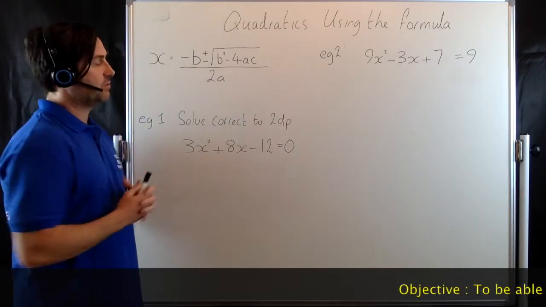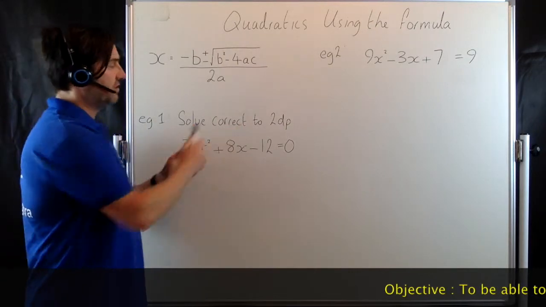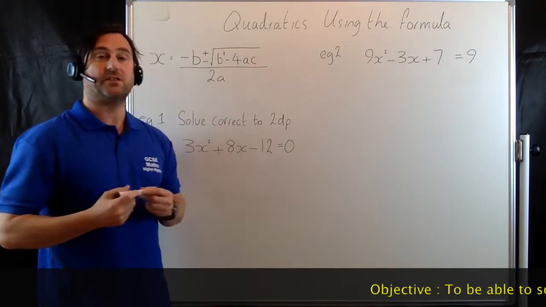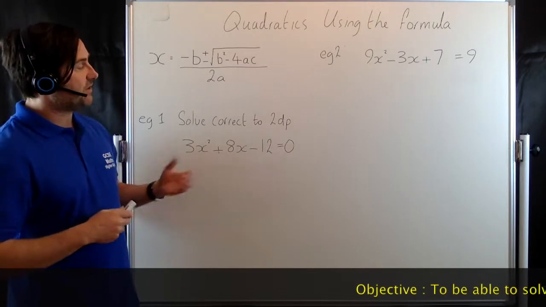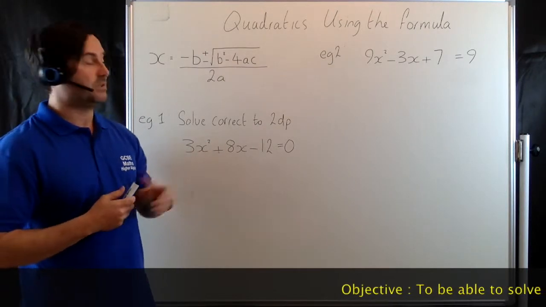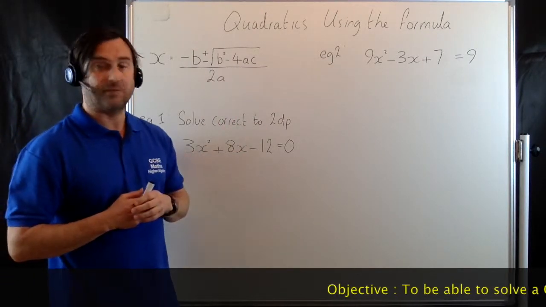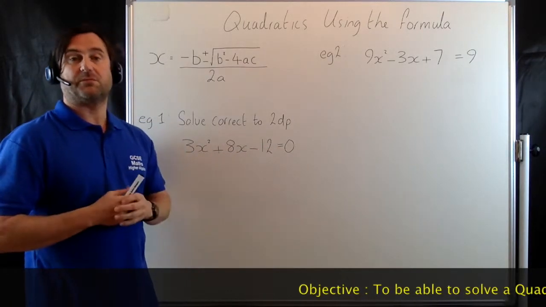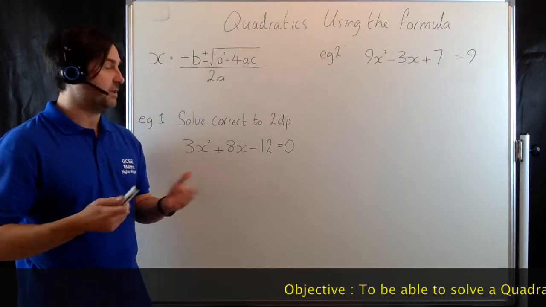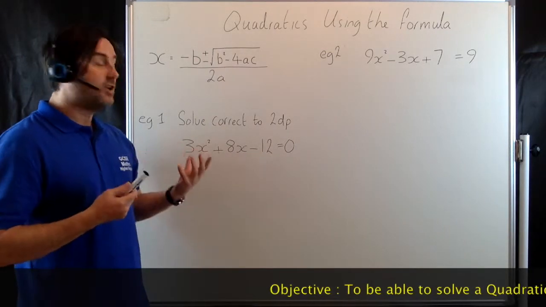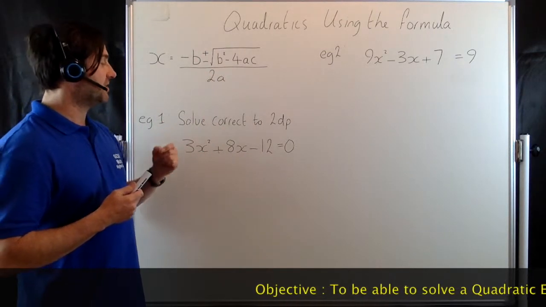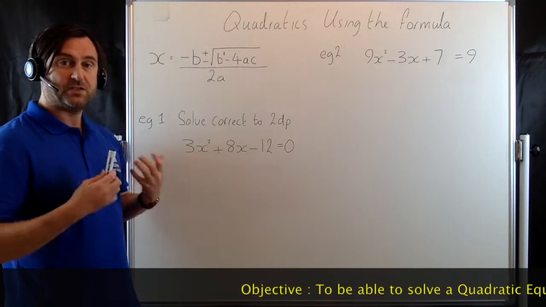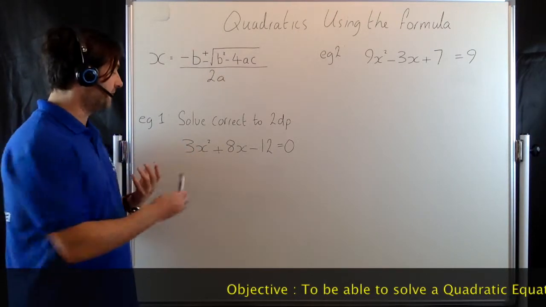Okay, well I've got a quadratic equation here. It says in the question that I've got to solve it to 2 decimal places, which tends to give away the fact that you can't factorise this because we need a decimal answer. As long as it's equal to 0, and remember all quadratics must be equal to 0 before we actually solve them, then identifying what A, B and C represent is fairly straightforward because it goes in order of how the numbers appear.